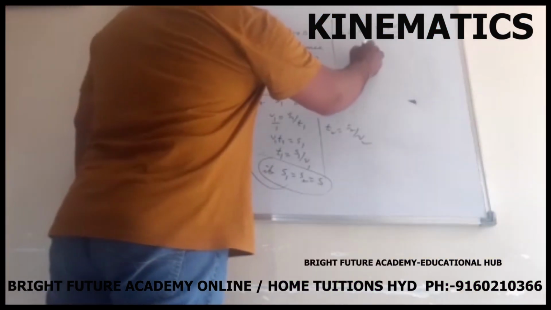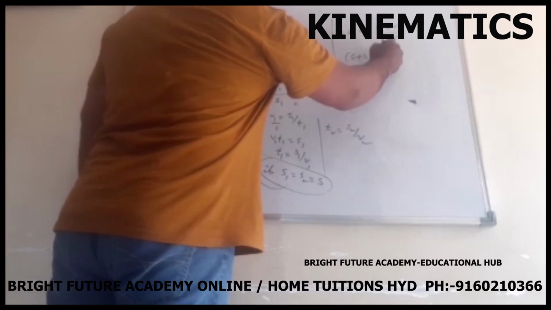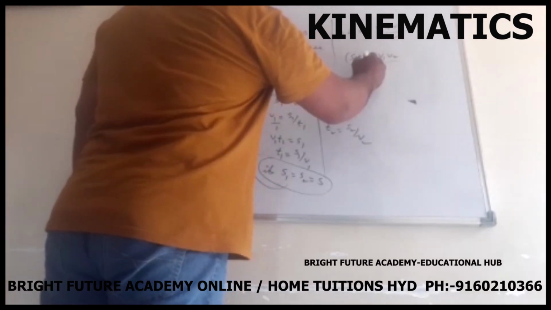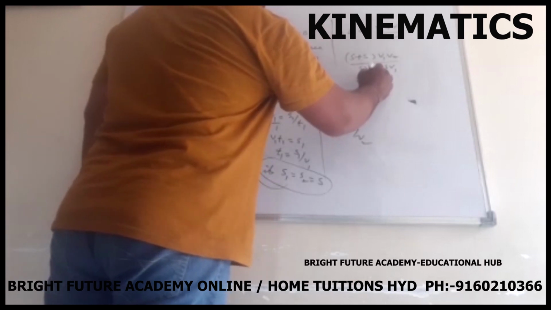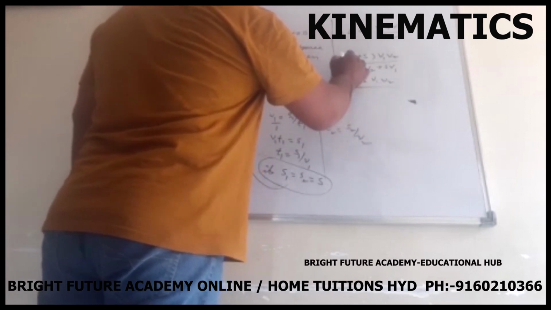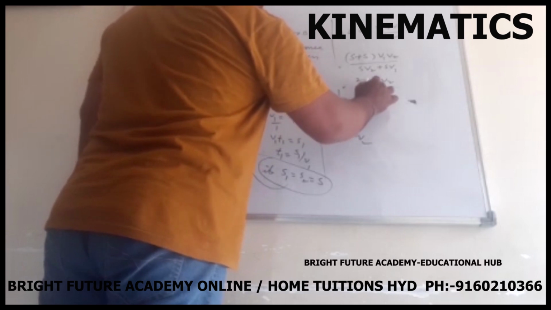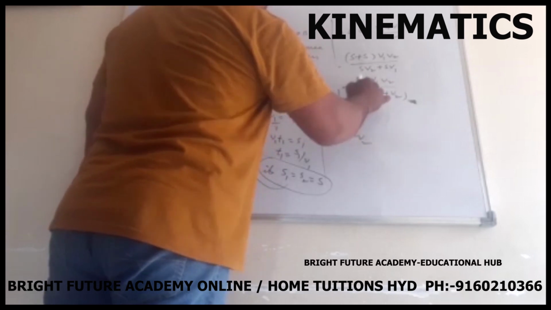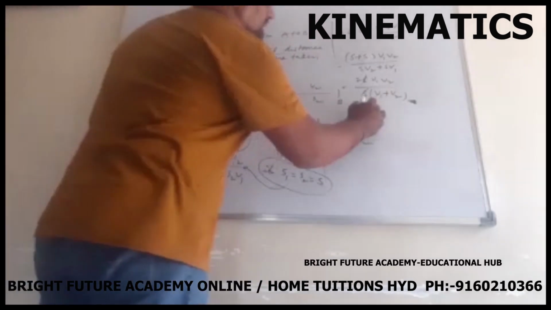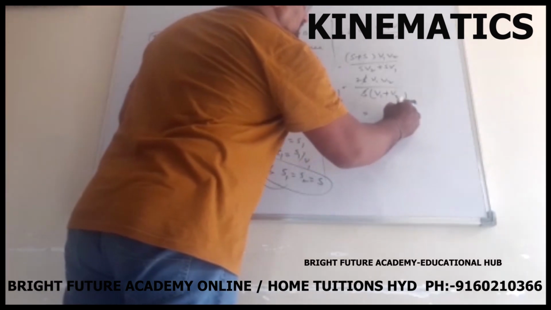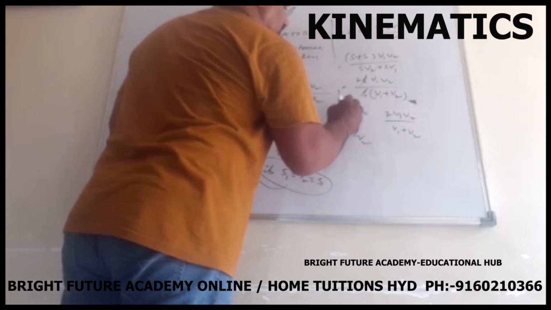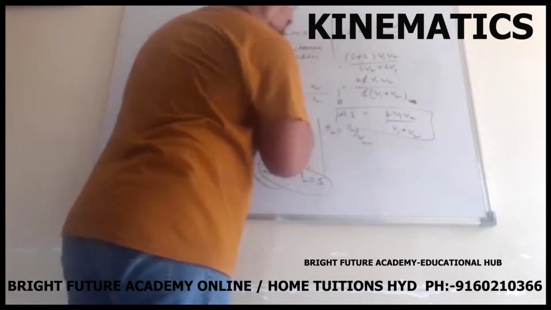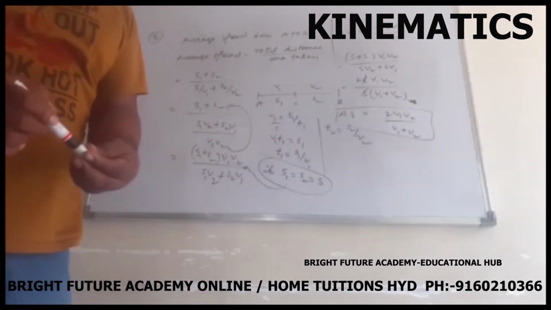Then it would be S plus S into V1 V2 by S V2 plus S V1. Here 2S V1 V2 by S common, V1 plus V2. S gets cancelled. Then what is the formula for average speed? 2 V1 V2 by V1 plus V2. This is the average speed. Is it clear, Angad, now? Yes, sir.